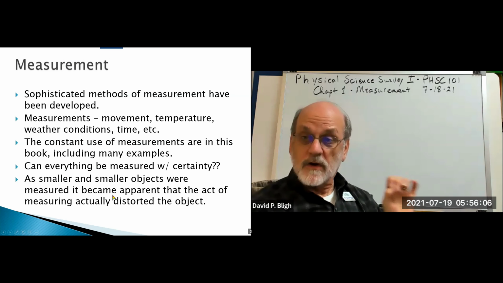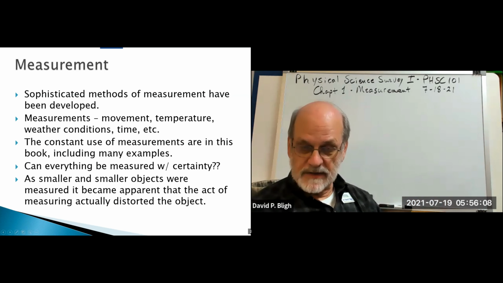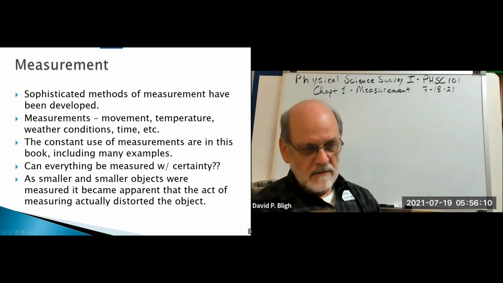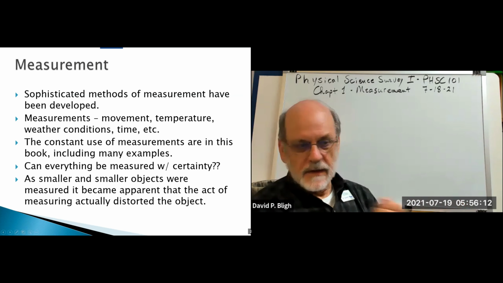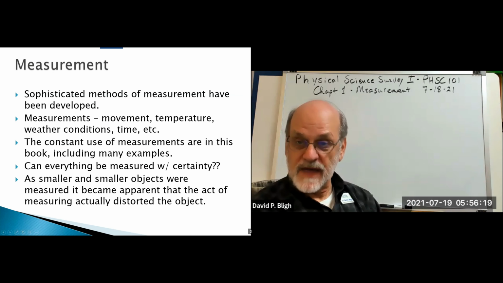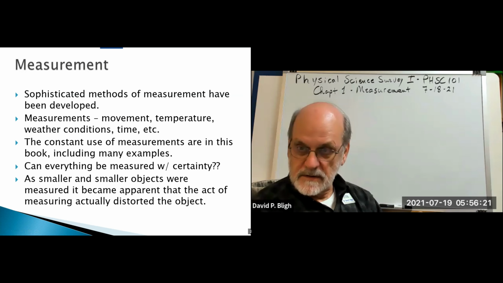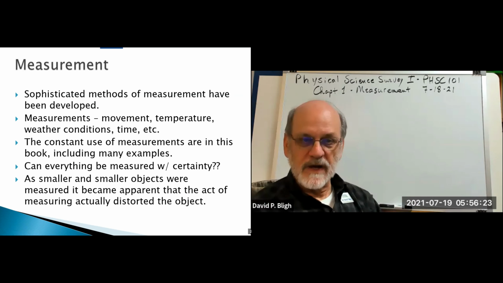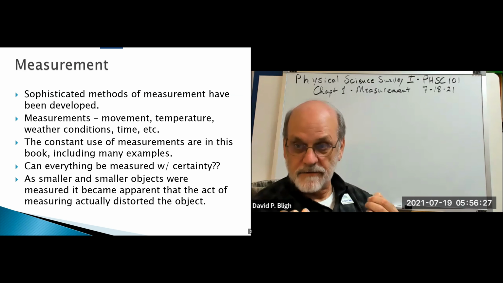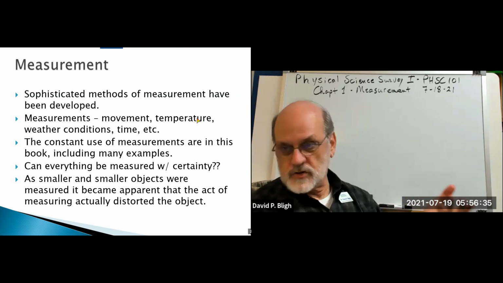So let's say we're going to make measurements during an experiment. And over the decades, scientists have managed to develop sophisticated methods, equipment, and procedures for making very accurate measurements of physical phenomena. These may be the distance something has moved, or temperature change.